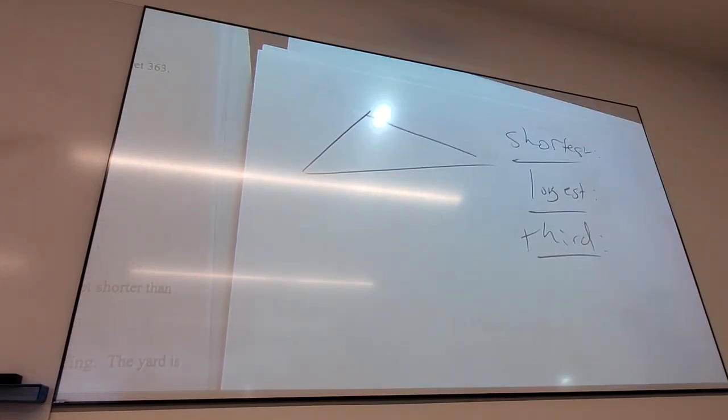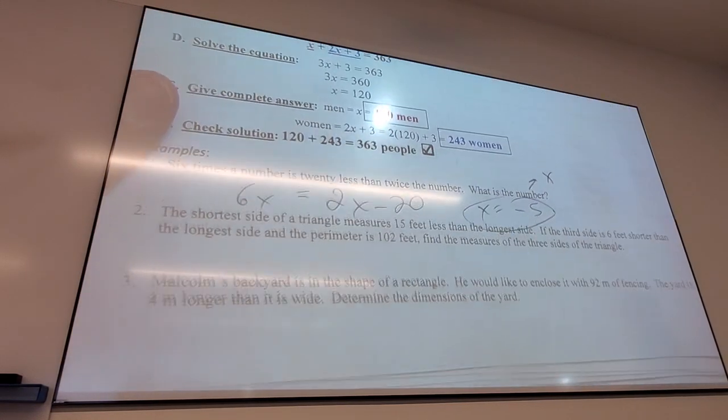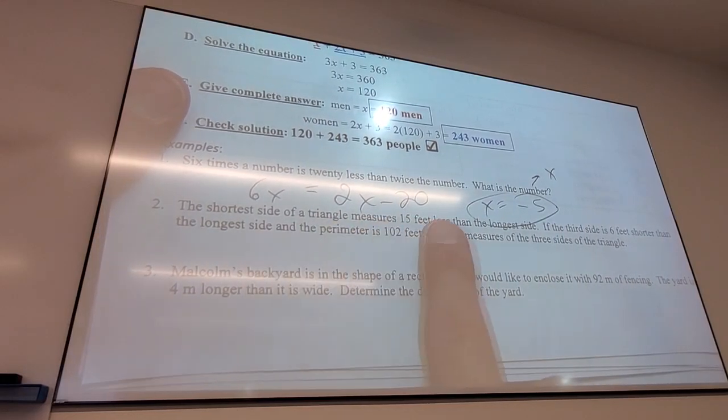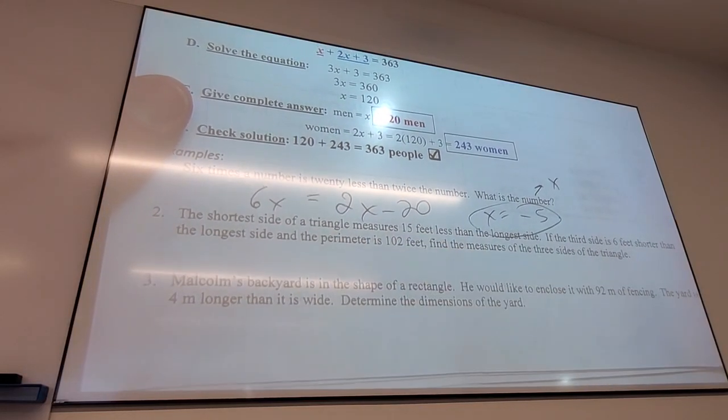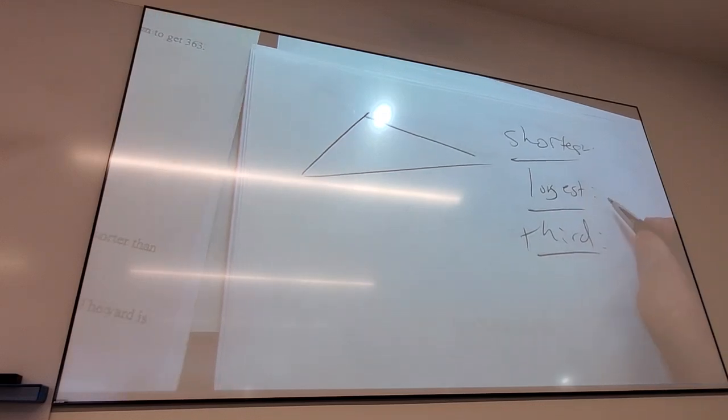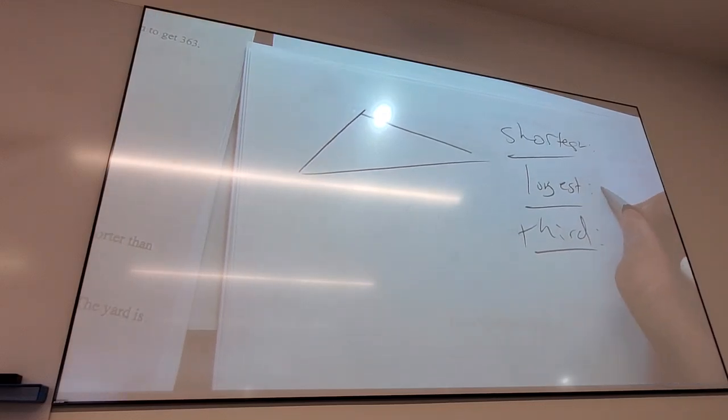You want to be able to go back and forth real easy for yourself. Does anyone figure out which one I got to know first? Yeah, because everything's related to the longest. If I knew the longest, I could do some stuff to it to figure out the other 2. That is the one that is just a variable. What letter do you want to use? X. Okay, so the longest we'll call X.